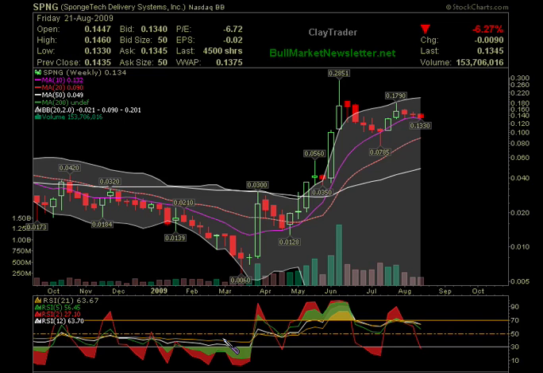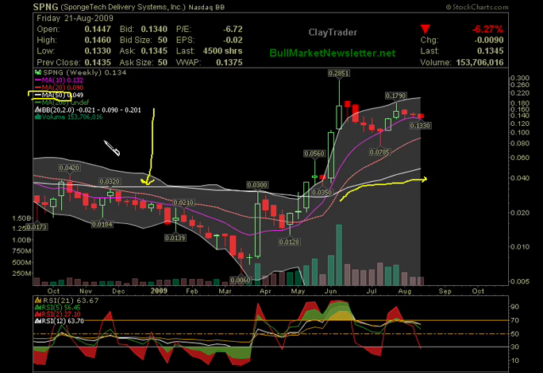The first thing that I want to point out is this white line there, and this is the 50-week simple moving average. Remember that's 50 weeks worth of average prices, and you can see that it was basically going sideways and started to drop here, but in June and then to July it started to rise.